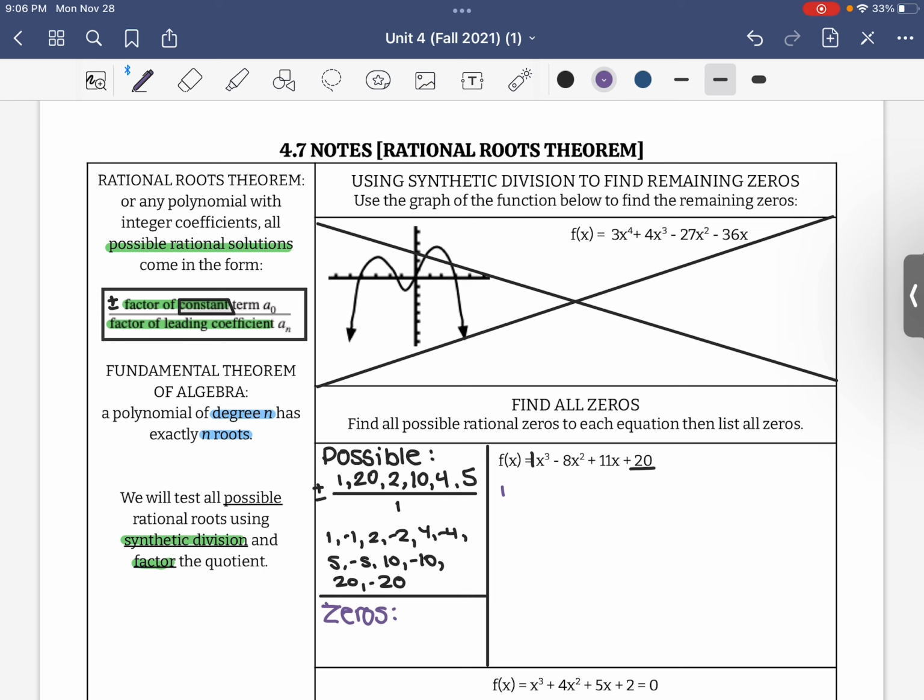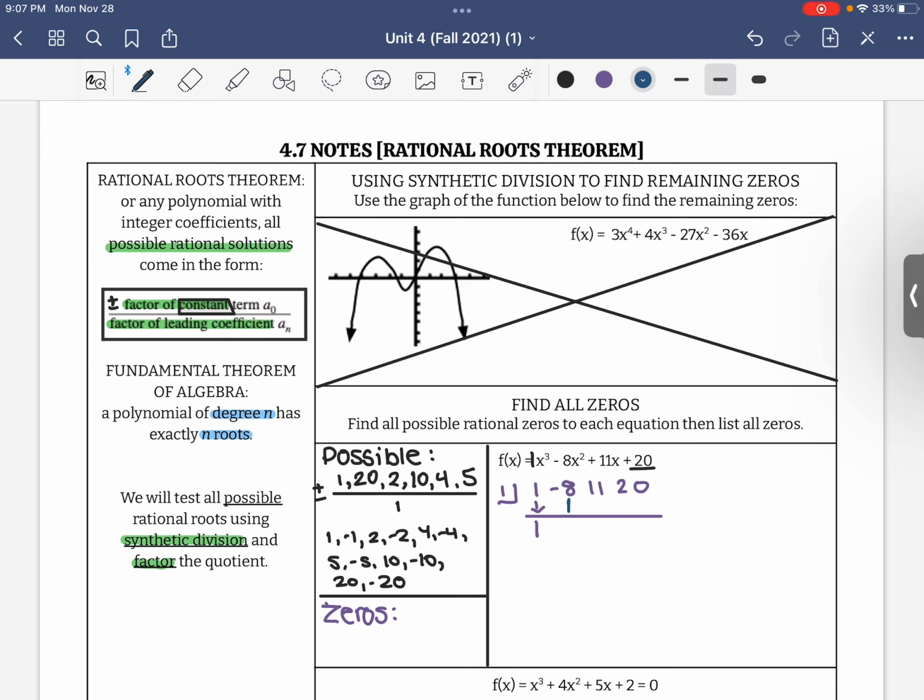So I would start with the number 1, put it in the corner of synthetic division, list my coefficients and constants, and drop the first number down. Then every number that goes down there you're going to multiply by the number in the box. So 1 times 1 is 1.